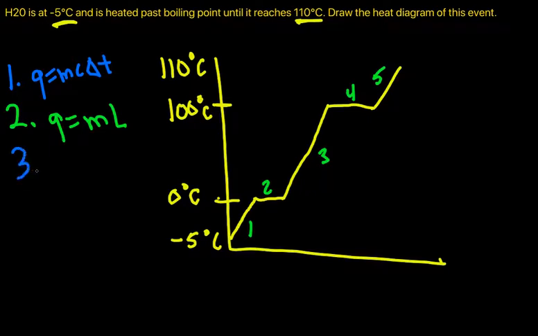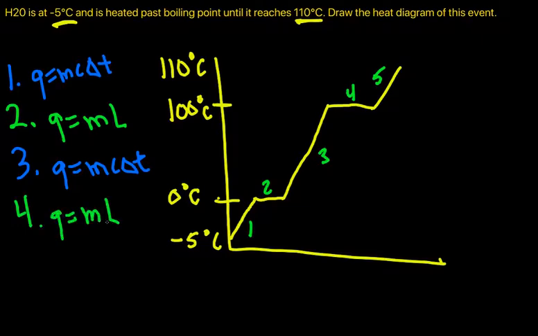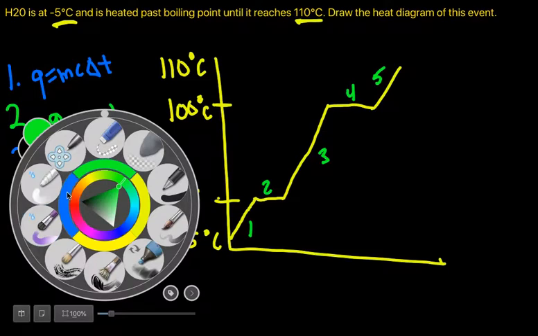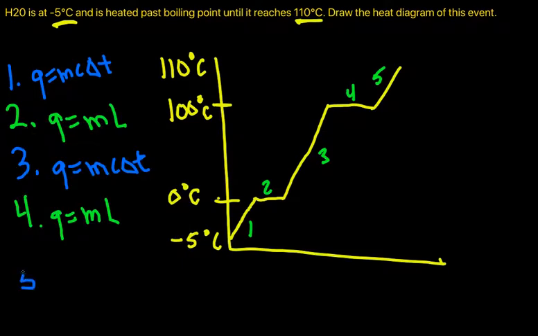Point 3 is another incline, so Q equals MC delta T. Point 4 is another flat plane, so we'd use Q equals ML. And 5 is another incline, so we'd use Q equals MC delta T.